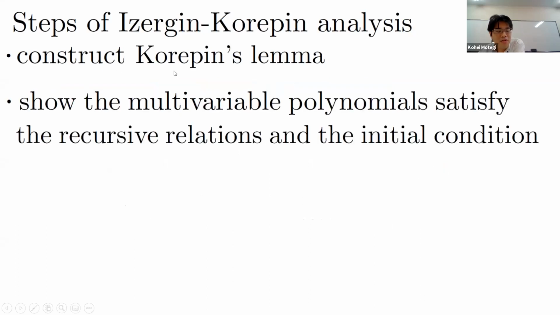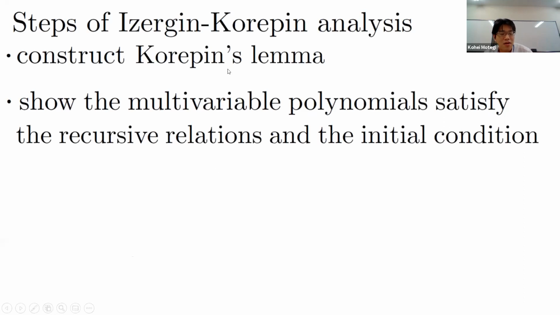So you first construct Korepin's lemma, which constructs a recursive relation between partition functions. And then what you have to do next is to solve the recursion relation, and I will show some concrete forms of multivariable polynomials satisfying the recursive relations and the initial condition.